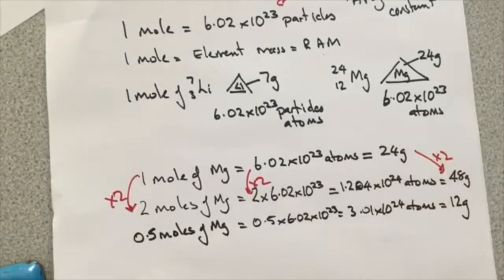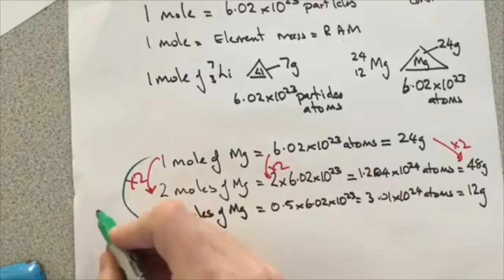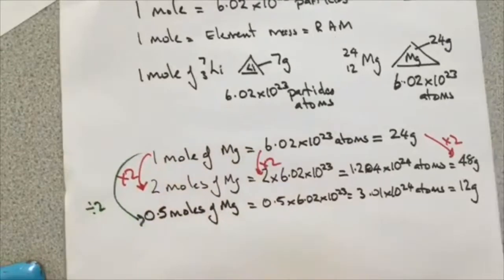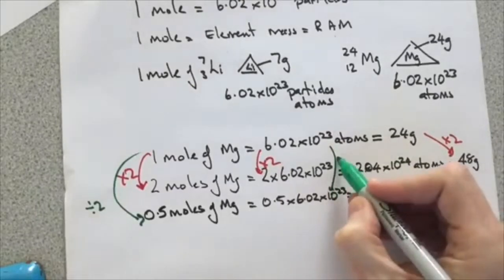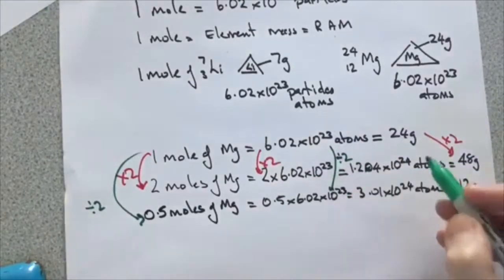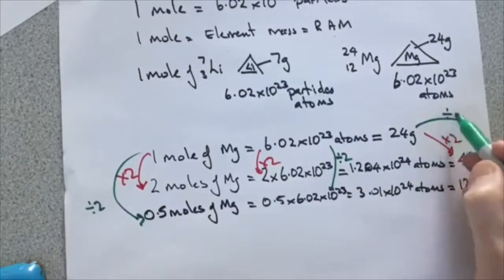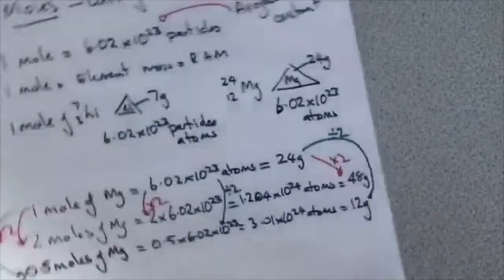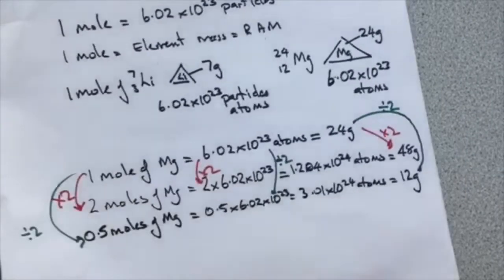Whereas in the other example, I've gone from 1 mole to 0.5 moles, so in effect I've halved it, which means to go from here to here, you've got to divide by 2, and then to go from the mass round there to there, I have got to divide by 2. So we've got to divide by 2 to get the mass working as well.